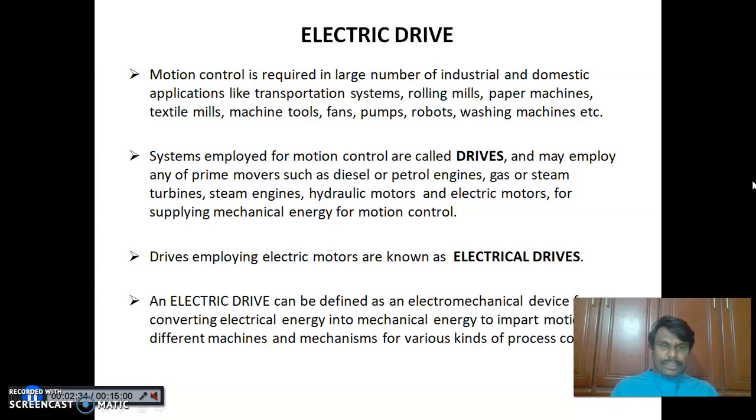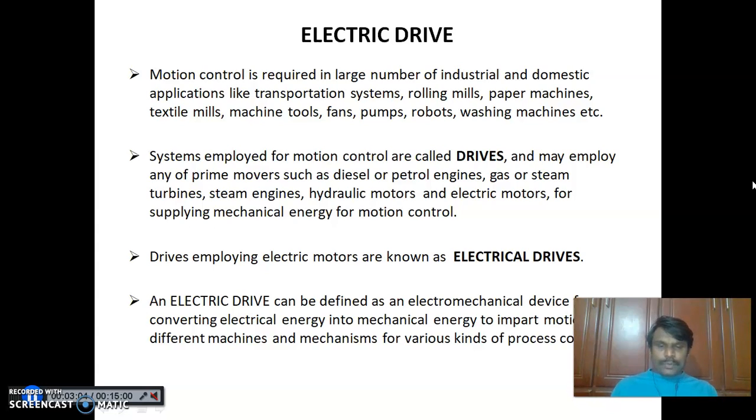With an electric motor, you give electrical energy and you get the mechanical output of the motor, which is applied to the load. A drive that uses electrical motors is known as an electrical drive.